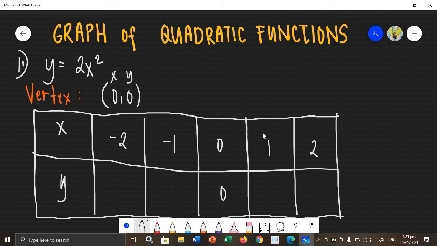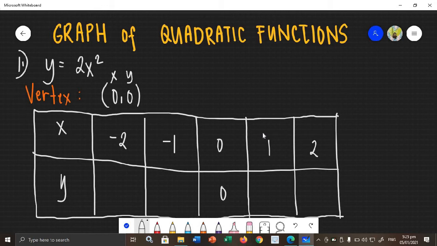So, I'm going to limit these values into 5 lang. Kasi sa ibang example ko sa module nyo, naglagay ako ng 7. Kung gusto nyong mahirapan, pwede naman na 7. Pero kung gusto nyo 5, 5 lang din.